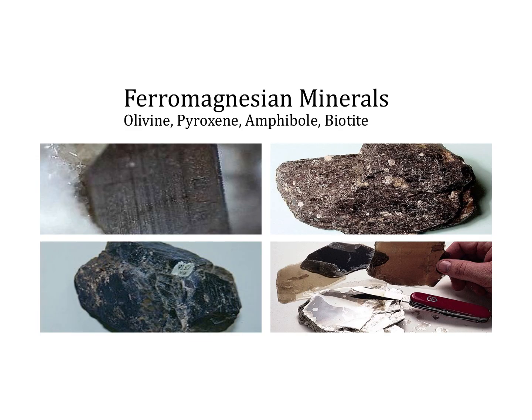I forgot about this slide, which has the photographs of these ferromagnesian minerals. So these are minerals that have iron and magnesium in them, and those two elements make the minerals dark in color. So we have olivine and pyroxene, amphibole, and biotite here, and all of them are dark in color, which is why we group them together.